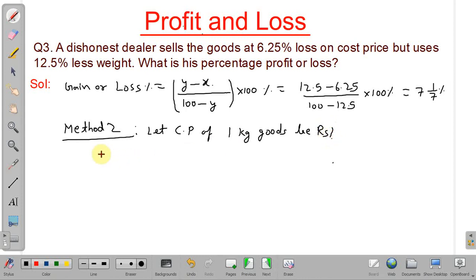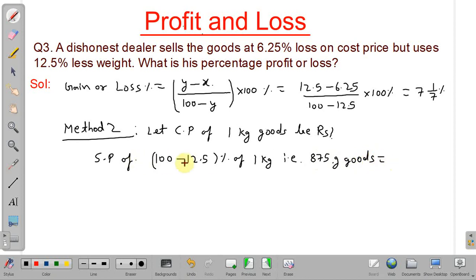Now he says that he is selling 1 kg, but he is using false weight of 12.5 percentage. So he will give this much less weight actually: 100 minus 12.5% of 1 kg, that is 875 gram goods.